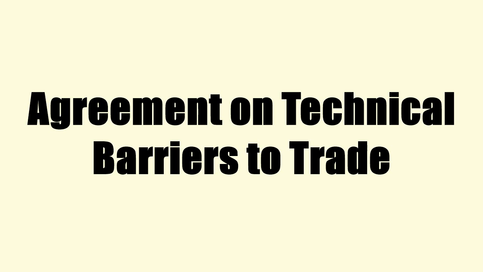The measure must be a technical regulation or a conformity assessment procedure. There must either be no relevant international standard or, if there is, the measure must not conform to it. The technical regulation must have a considerable effect on international trade.